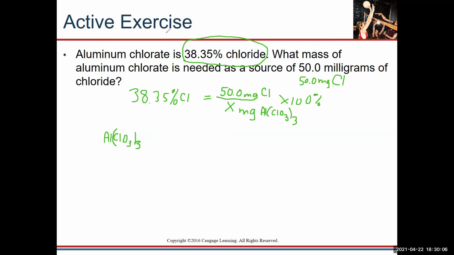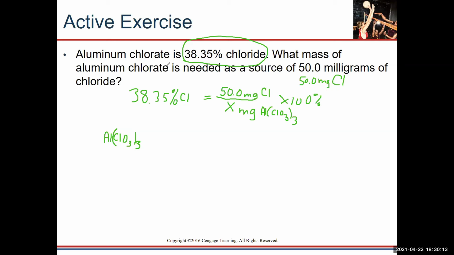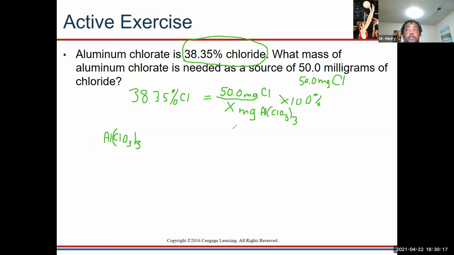Divide by 100 on both sides. Would you just multiply? Cross multiply, huh? So if I cross multiply and get X by itself, would that allow me to solve for X? So in other words, I say X over here and X over here. So then the X is going to cancel out.